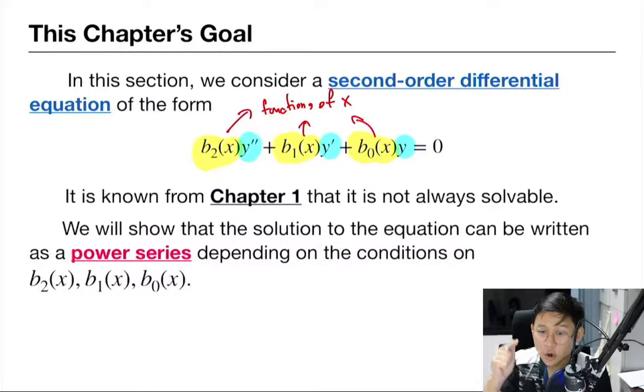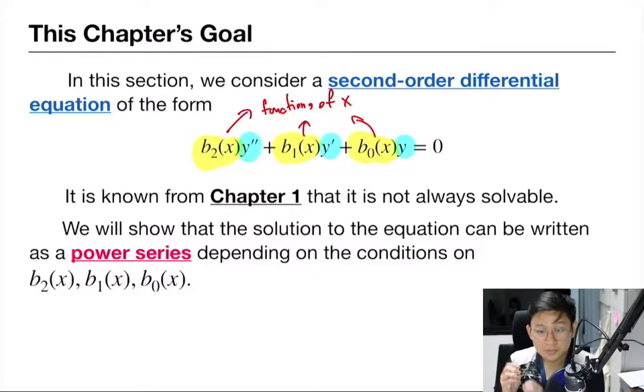So in this section, we're going to show that the solution of the second order differential equation in this form can be written as a power series depending on the conditions on B2, B1, and B0. Okay, so to sum it up, in this section, we're going to be looking at this particular form of differential equation.